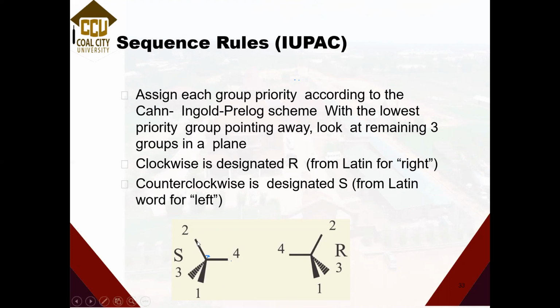Meaning that after I finish giving priority and I'm moving from 1 to 2 to 3 to 4, which is the way I'm supposed to move, I must turn the orientation to the other side. So if the orientation is moving to the right, as long as the lowest priority is not in the correct place, which is supposed to be pointing away, then I turn the orientation backwards. That's the easiest way to understand it.